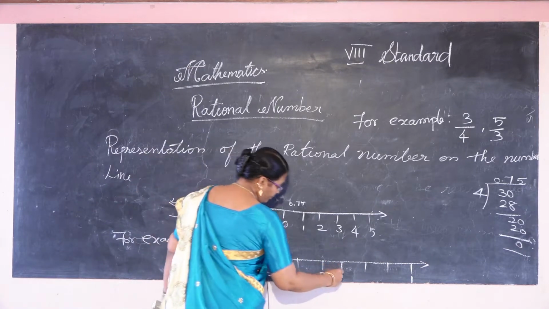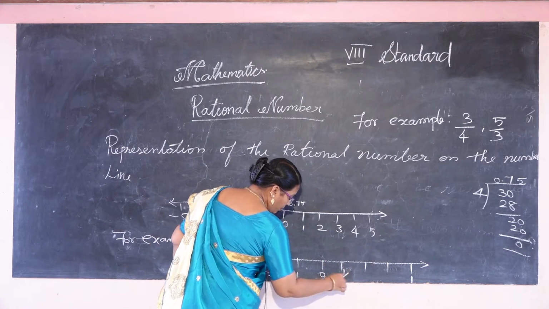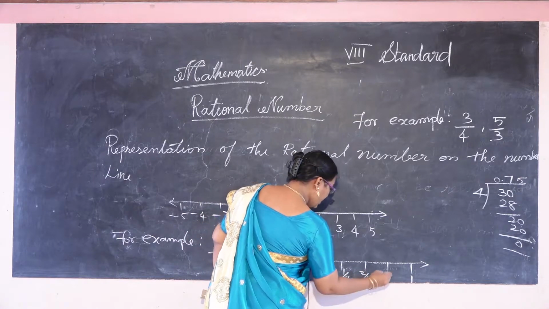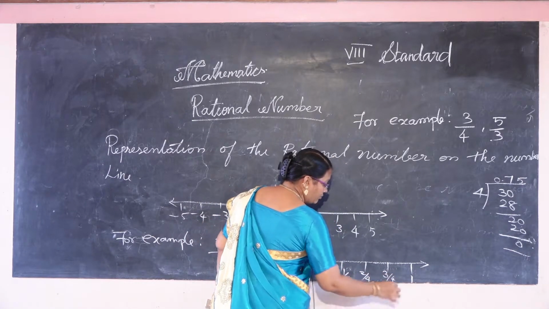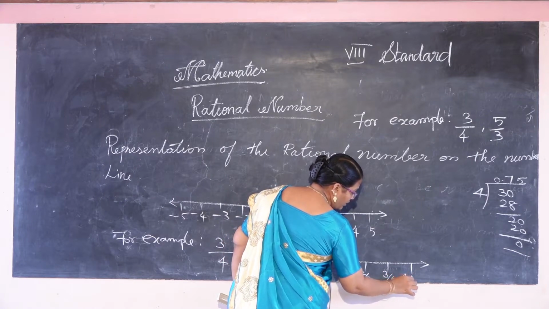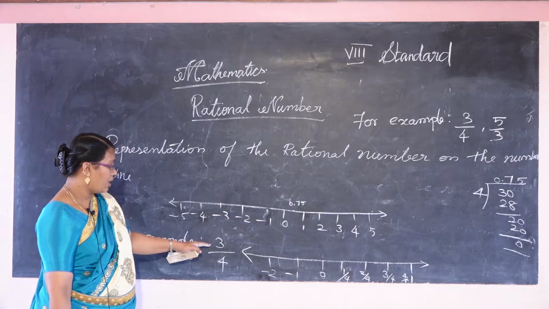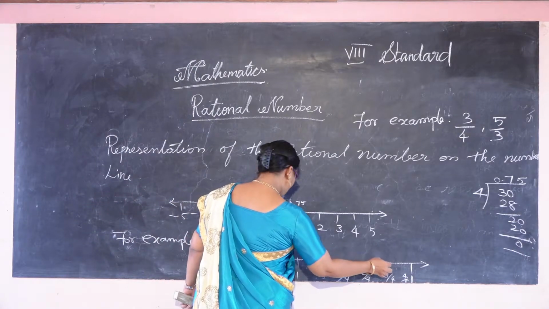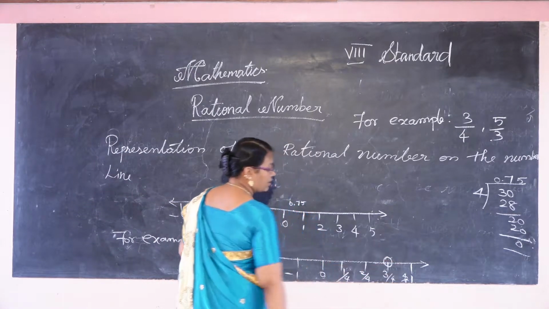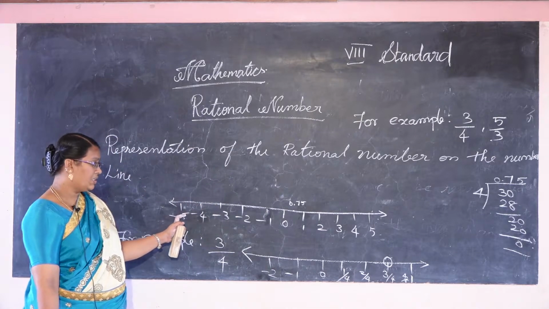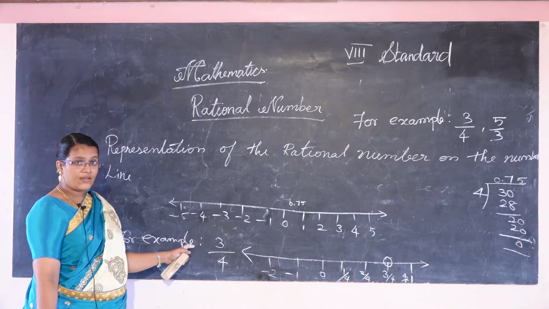Afterwards, you will write 1 by 4, 2 by 4, 3 by 4. 4 by 4 means it is equal to 1. So, the fraction 3 by 4 is marked at this place on the number line. I hope you are understanding the concept, which you already learned in the 7th standard.